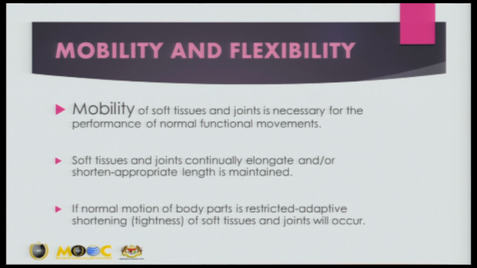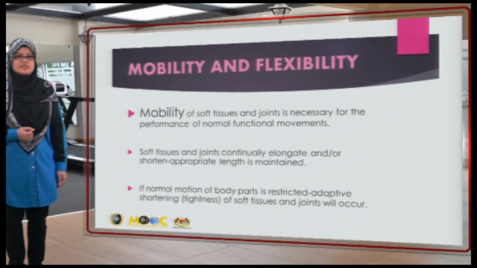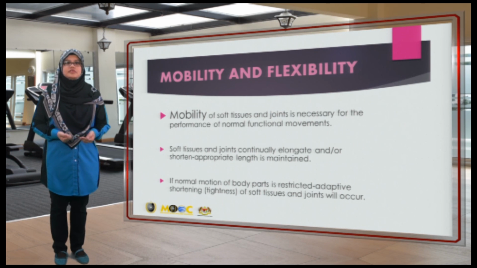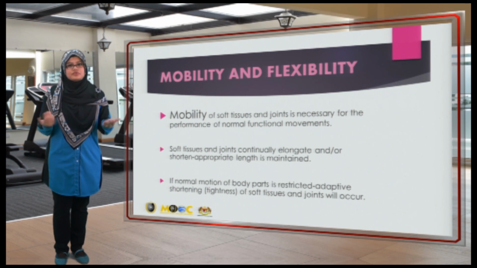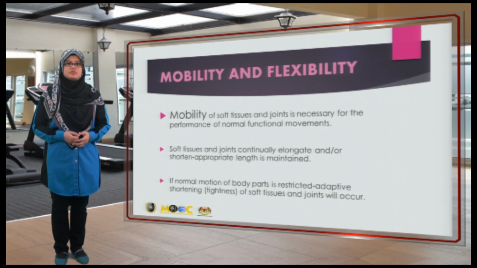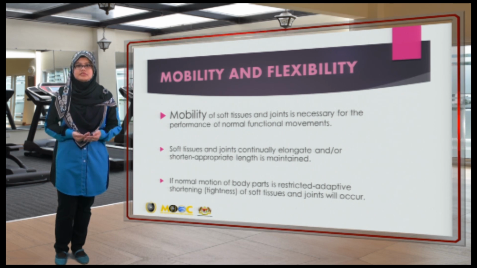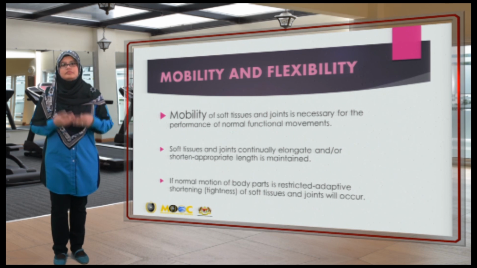This will affect our daily living activities, such as disturbance in normal walking pattern, limitation to move the limbs and joints, and so on. So, normal mobility and flexibility can be maintained by performing some of the techniques in therapeutic exercises.